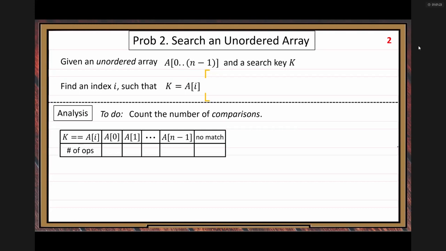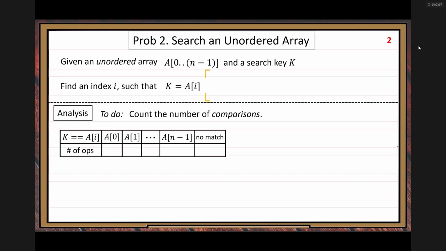We list all the possible cases when we apply this algorithm, linear search. So you can see, in total, there are n plus 1 different cases. In the first n cases, the key can be found in the given array, but there is a last one where the key cannot be found. So in total, n plus 1 cases.